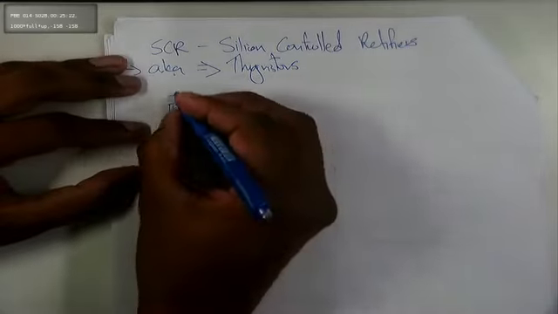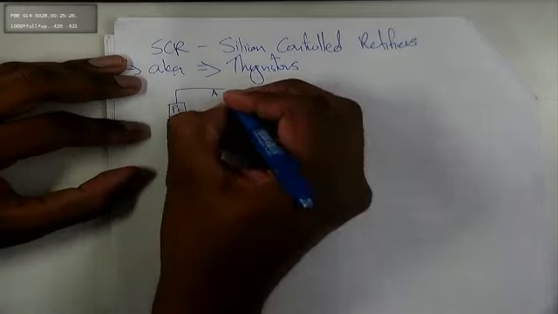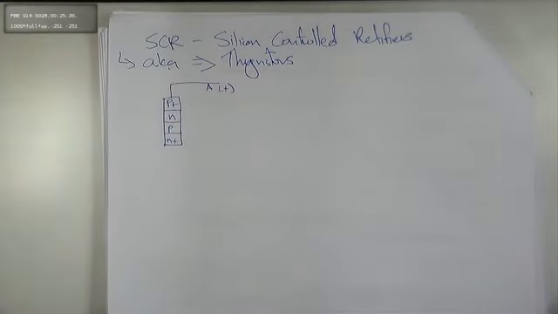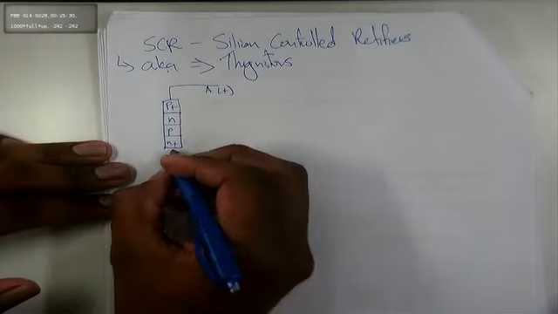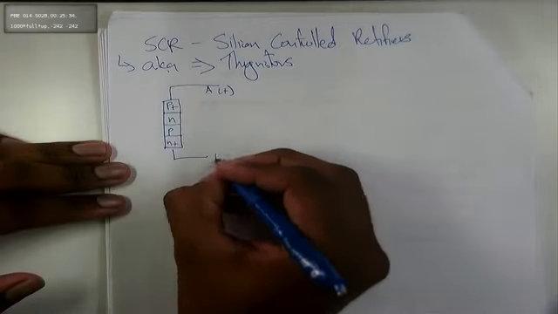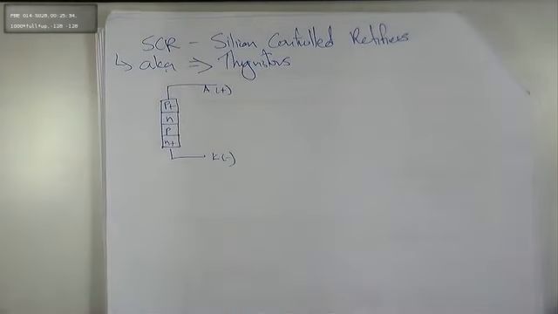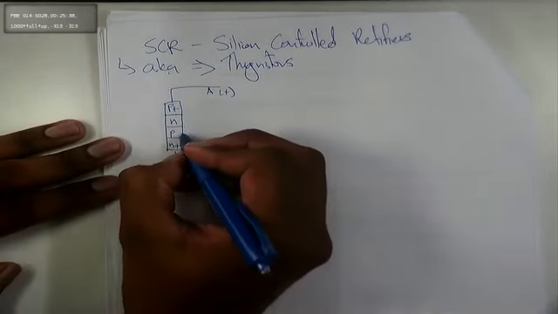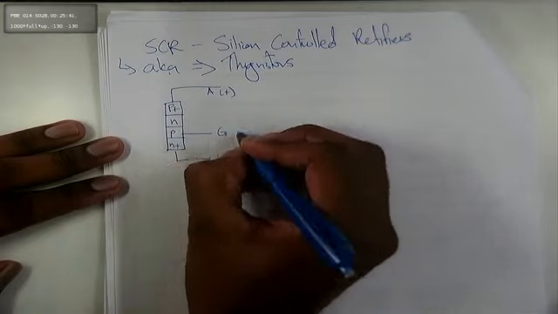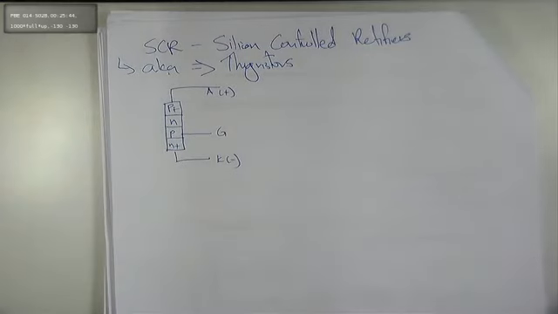On top we have our anode, which is positive, and at the bottom we have our cathode. We are going to put it as K, and in this region we have our gate, G.